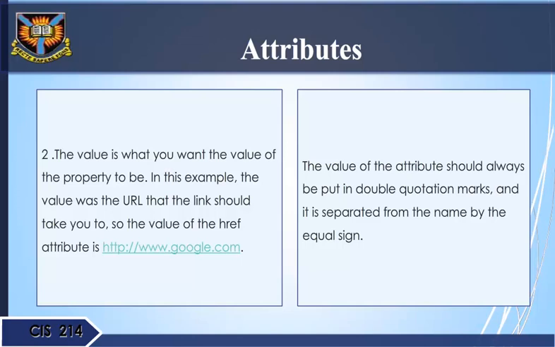So the value of the href attribute is http://www.google.com. The value of the attribute should always be put in double quotation marks, and it is separated from the name by the equal sign.